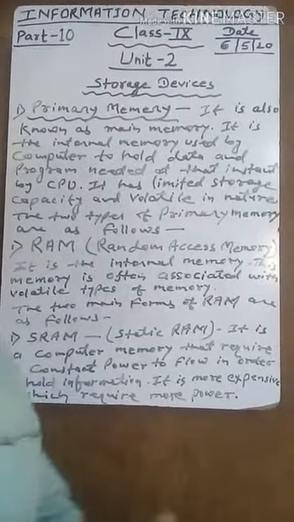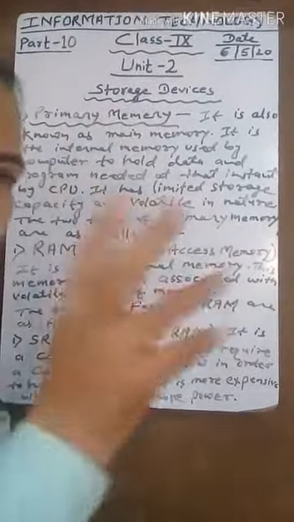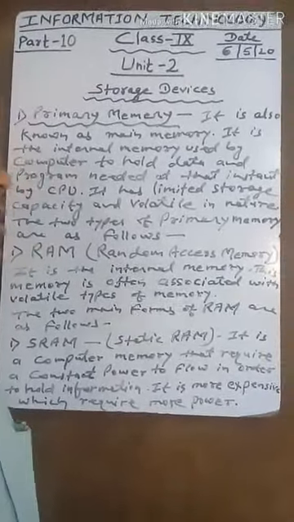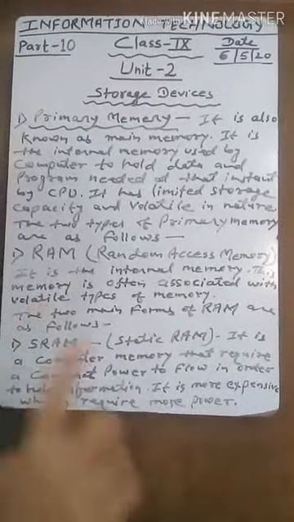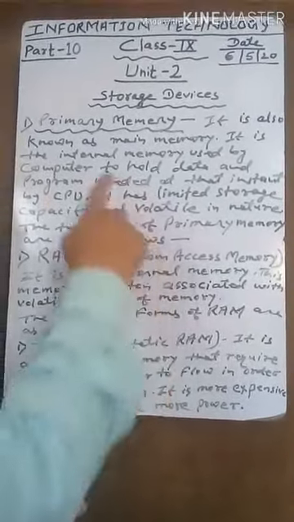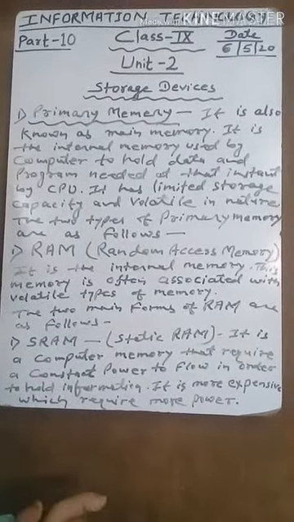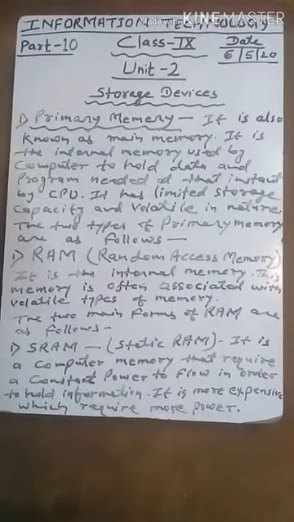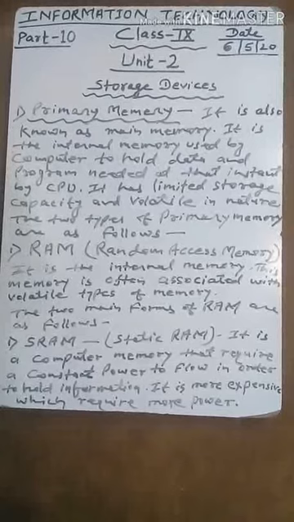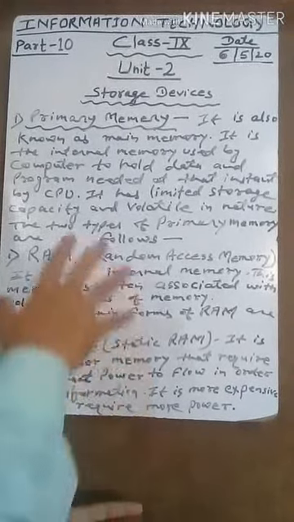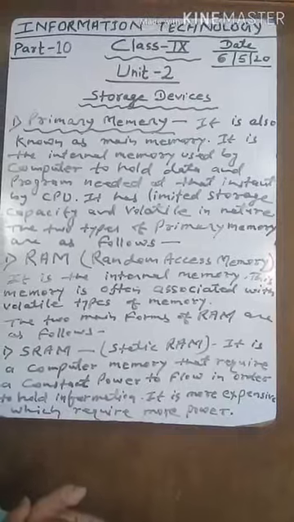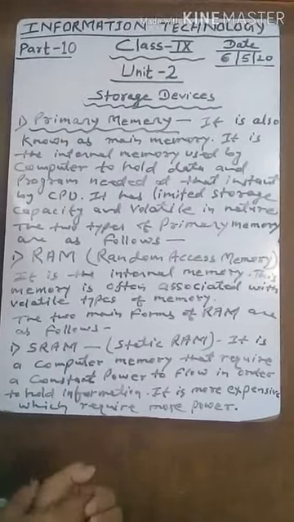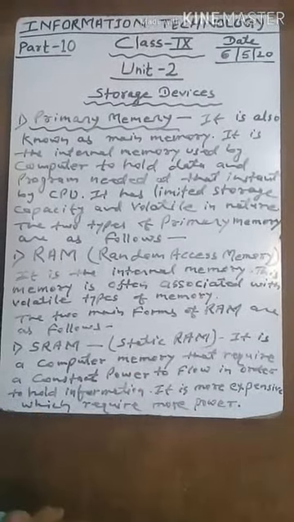That means our primary memory is the main memory of our computer system. It is internal memory used by the computer that holds data and programs needed at the instant by the CPU. Our primary memory is volatile in nature.